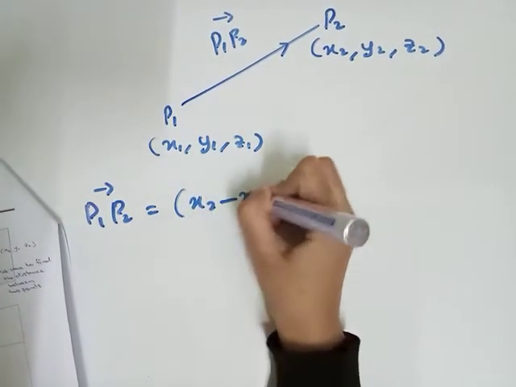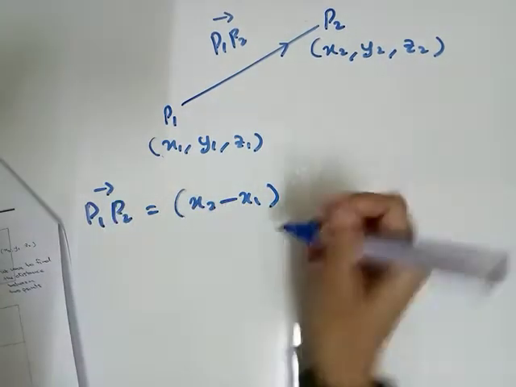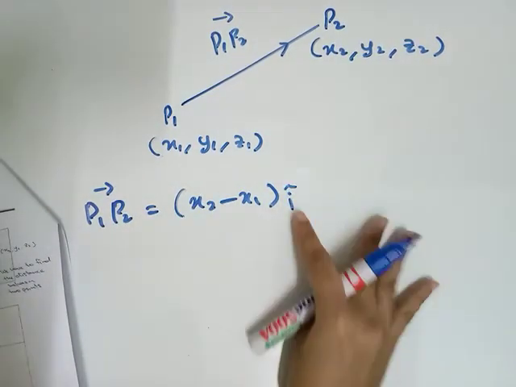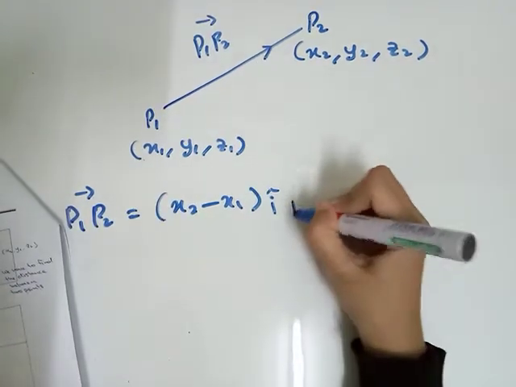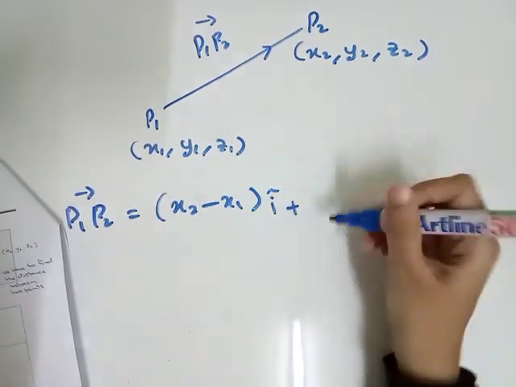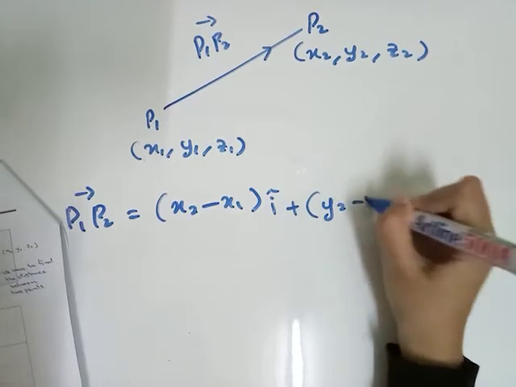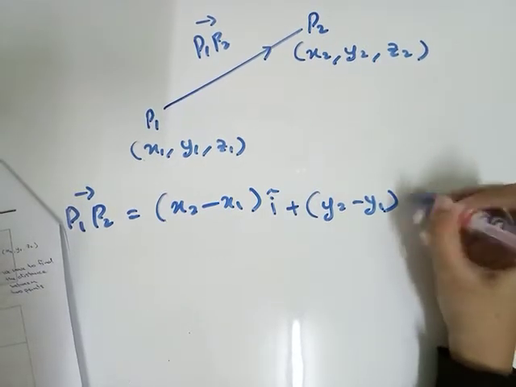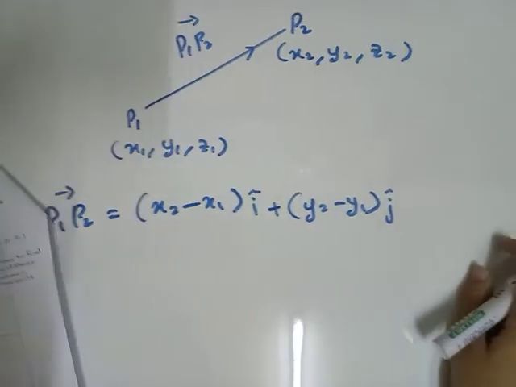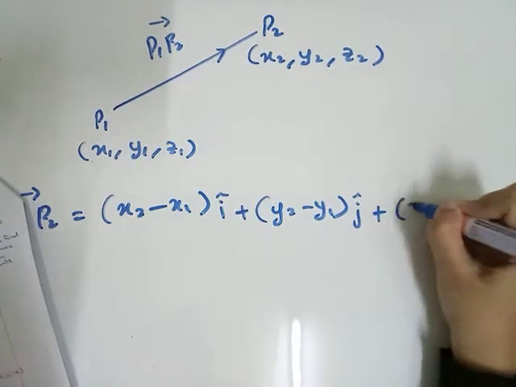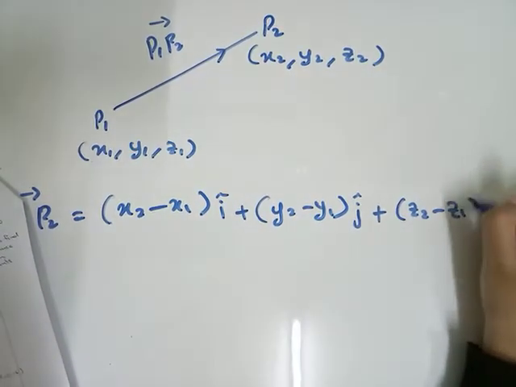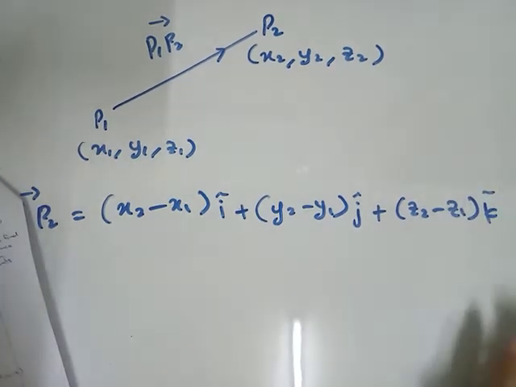Because it is a vector, put i, the position vector for X. And then plus Y2 minus Y1 for position vector j, and Z2 minus Z1 for position vector k.